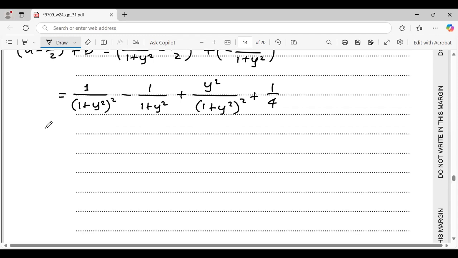And then the next is, after that, I will change this fraction.